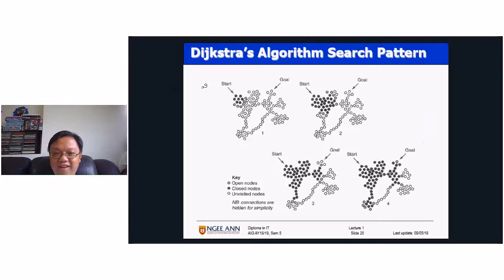Now if I have, say, this one, the cost is 5, and then this one the cost is 4. Suppose this is A, this is B, and this is C. Now Dijkstra is going to choose C to be the next node. Agree? Because its cost is 4, while B the cost is 5.